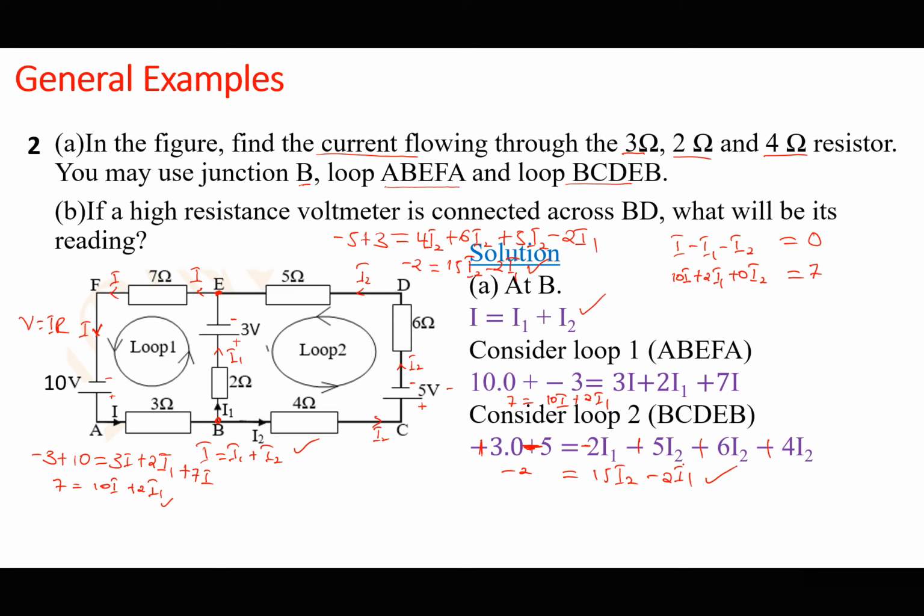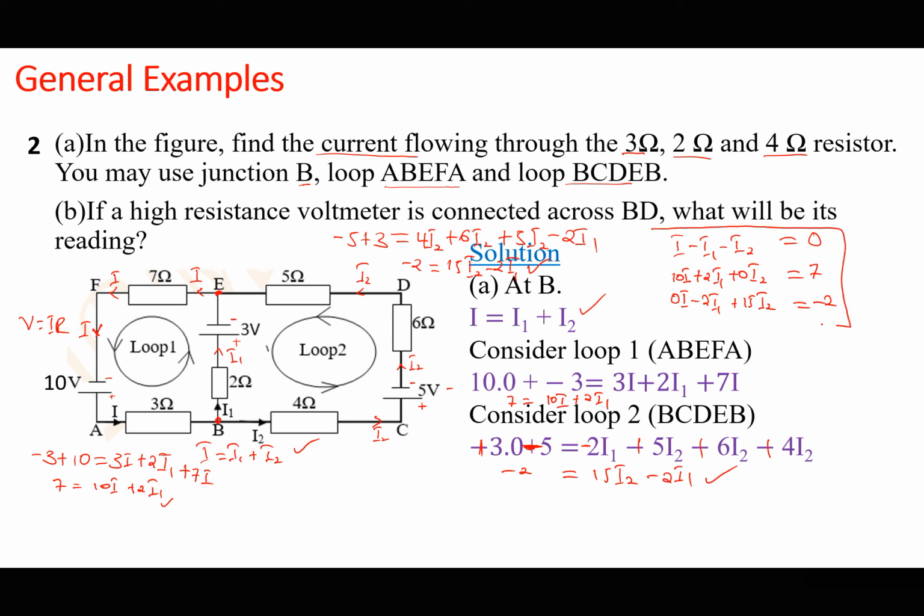Then the third equation, if I rearrange, there is no I, so I'll say 0I plus negative 2I1 plus 15I2 is equal to negative 2. I'm just reorganizing the equations to come up with simultaneous equations which are easy to solve.